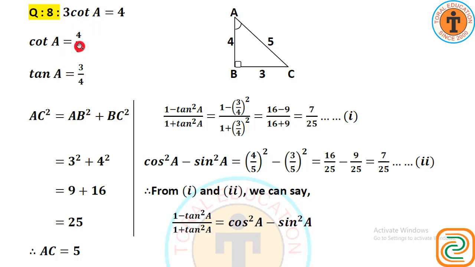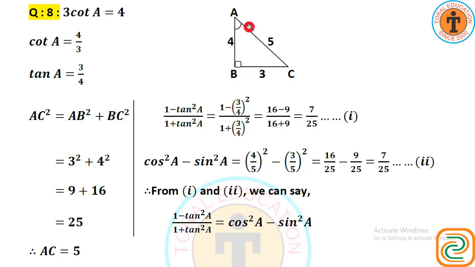But cot A equals what? Adjacent upon opposite. So we can take the reciprocal. Tan A equals 3 upon 4, opposite side of A upon adjacent side of A.